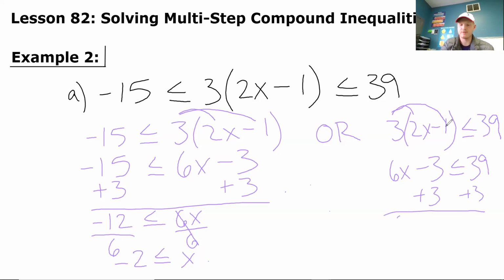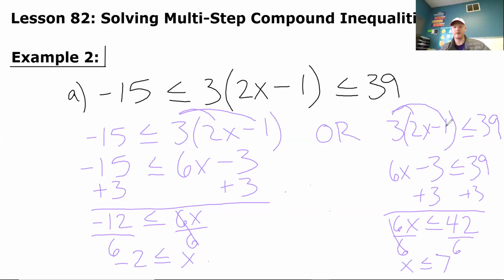And I'm going to be left with 6x is less than or equal to 42. Divide by 6 to both sides. You guys can see where this is going. I am left with x is less than or equal to 7. 42 divided by 6 is going to be 7.